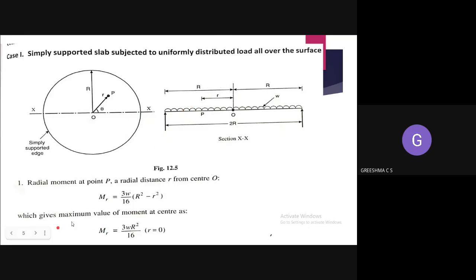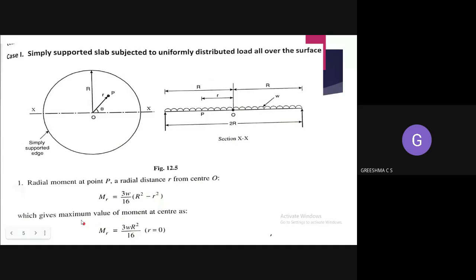So we can write that Mr will give the maximum value at the center. The radial moment will give the maximum value at the center. At the center, r is equal to 0. This is the origin, the start point. So you can substitute r equal to 0 in this equation.